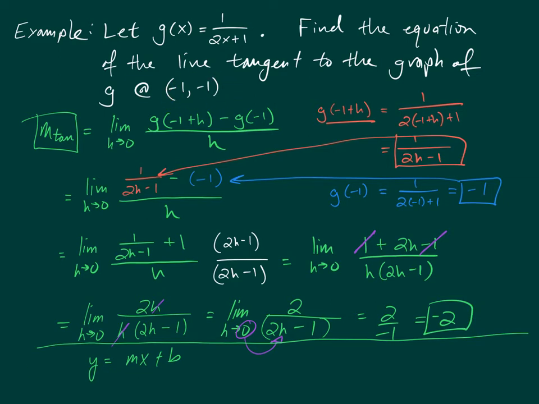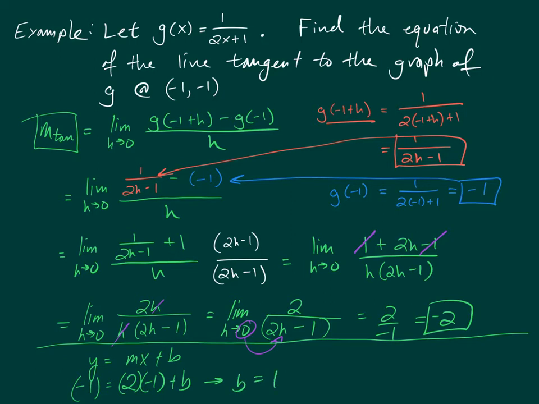So when you make all of these substitutions in here, you'll see that the negative 2 goes in for the slope. The negative 1 is for the x value. That again, that's from up here, this ordered pair. The negative 1 will also be the y value. So we come down here, negative 1 equals negative 2 times negative 1 plus b. And when you solve this for b, you'll get that b equals 1.